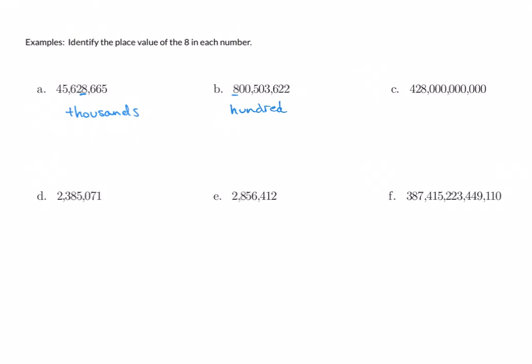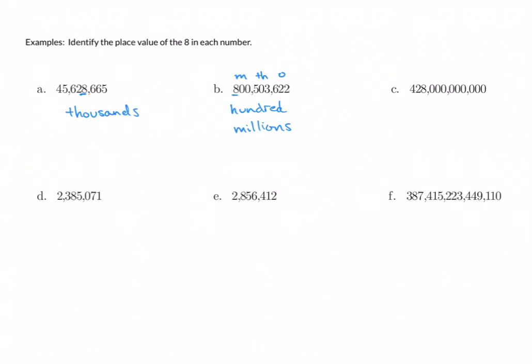The next thing I need is the period name. You may want to get in the habit of writing the period abbreviations up at the top. This is in the millions period. And so the column value of the 8 is 100 million.